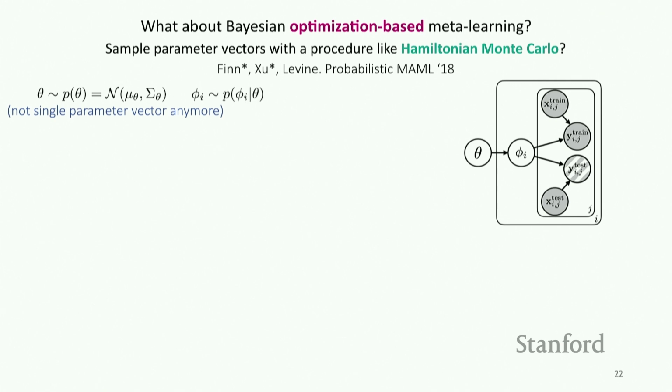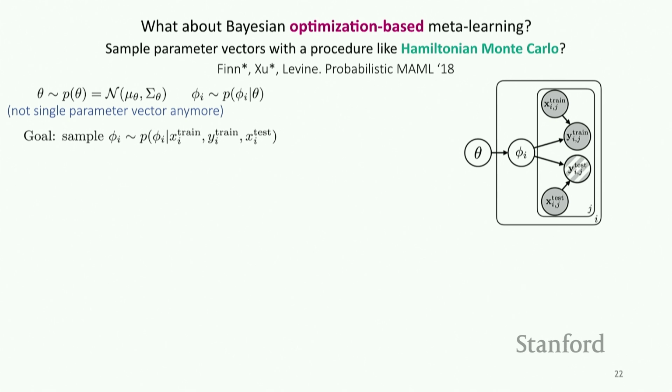And then we'll also have our task-specific parameters given theta. Our goal will be to sample different task-specific parameters given all of our observed variables at test time. And the things that we can observe at test time are xtrain, ytrain, and xtest. Okay, so this is just like our goal from before.